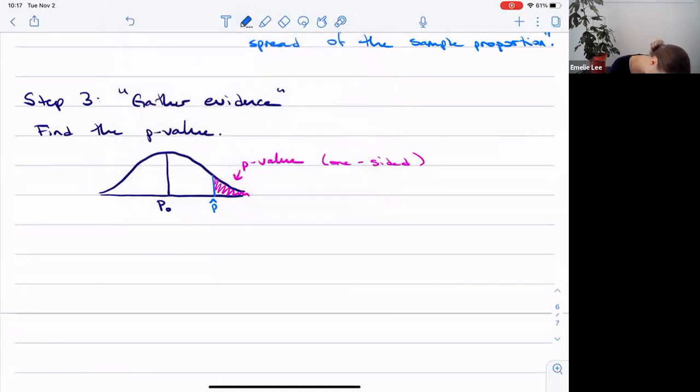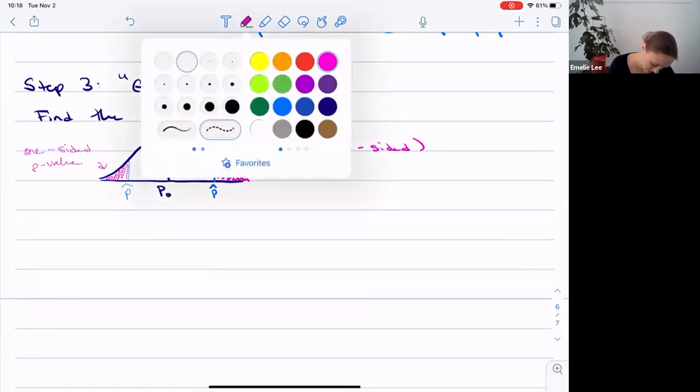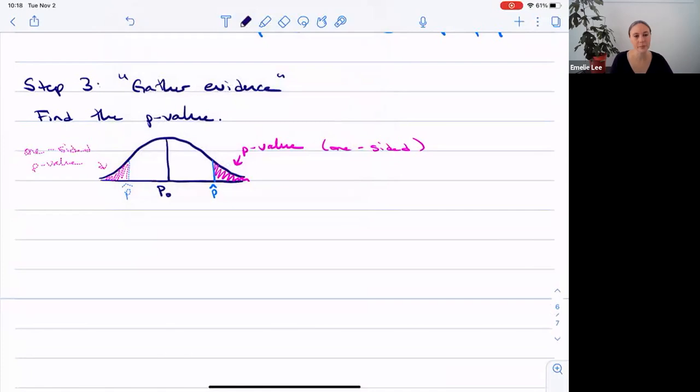I've got this ghost p hat, and those are supposed to be symmetric. So this p-value could have happened on this side as well, one-sided p-value. Hard to read, but I'll fix that.